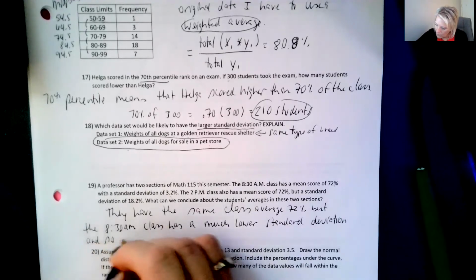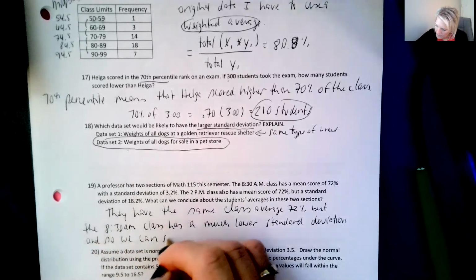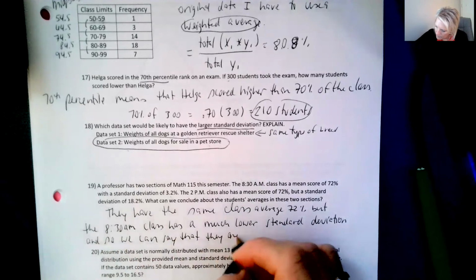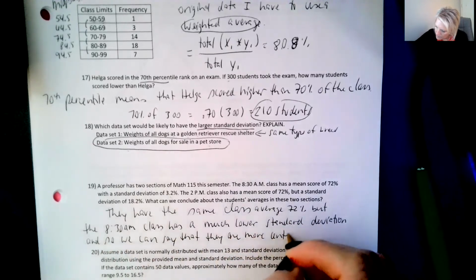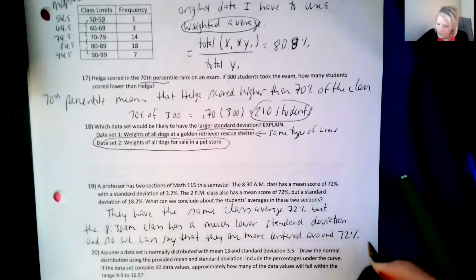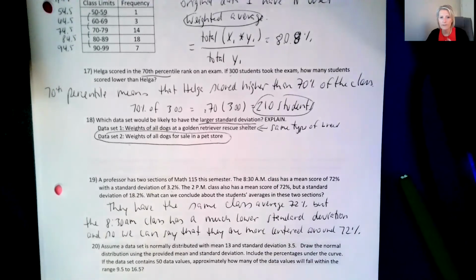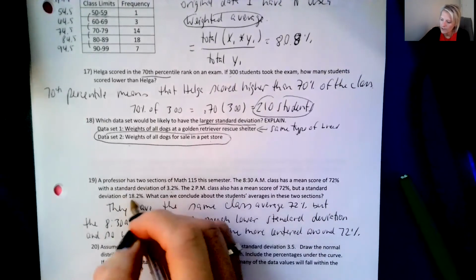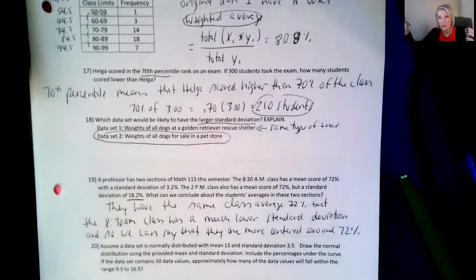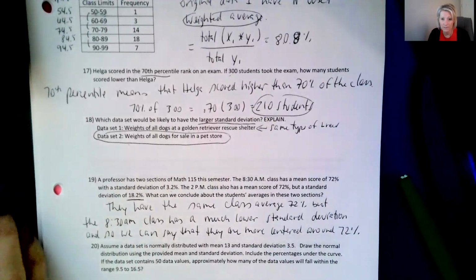And so we can say that they are more centered around 72%, the average. So that morning class with that small standard deviation, we can say that they all scored probably pretty close to that 72%. The afternoon class, their average was 72, but to have such a high standard deviation of 18.2% tells us that there were probably some really low scores and some really high scores, and they kind of settled in the middle at 72%.